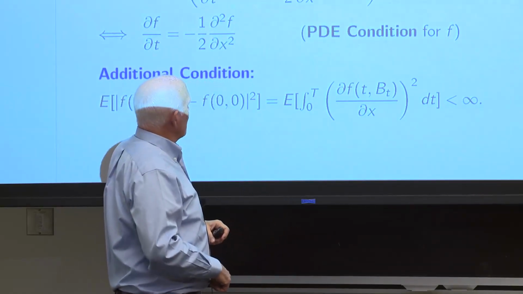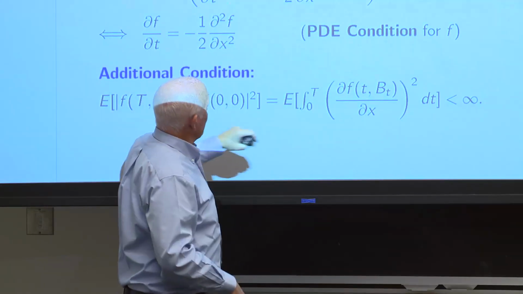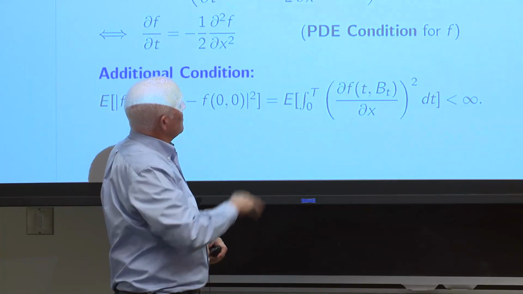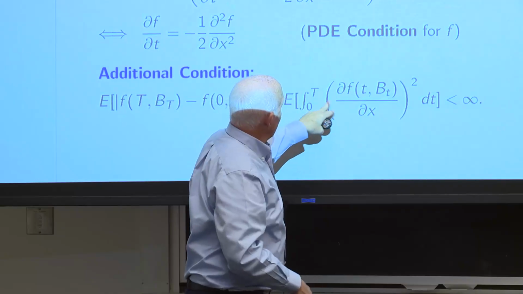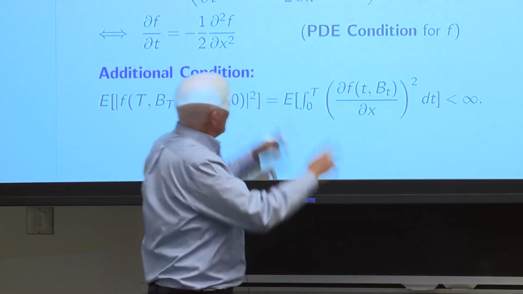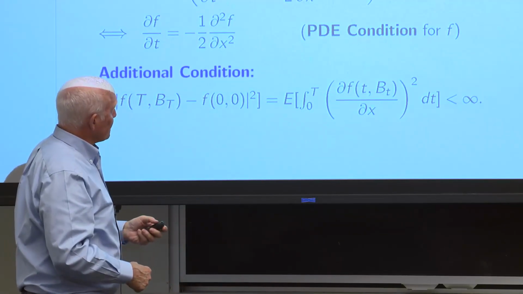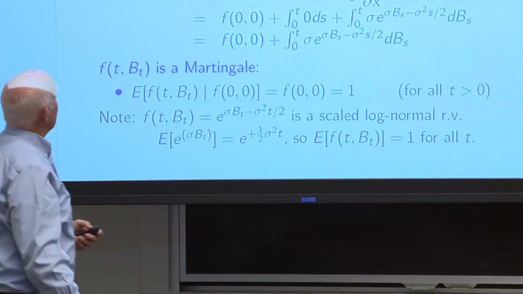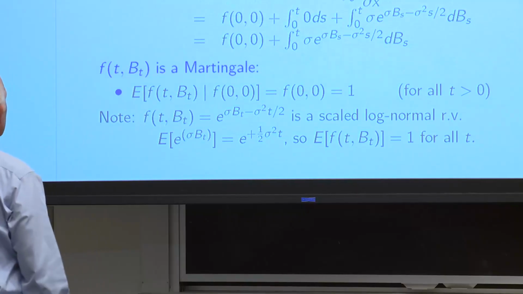And so this variance will be finite if that second term has finite variance. And for that to have finite variance, the variance is the integral of the square of that argument, df dx, with respect to time.